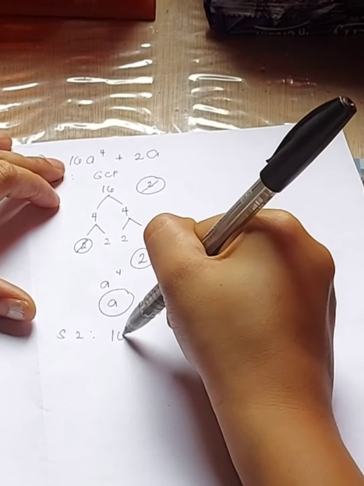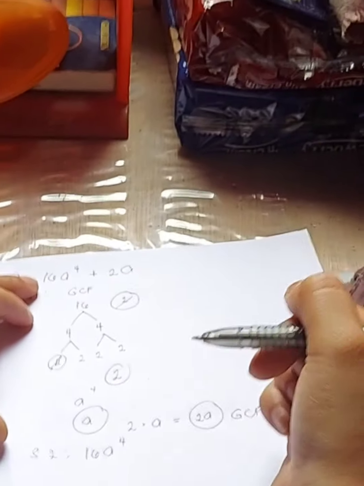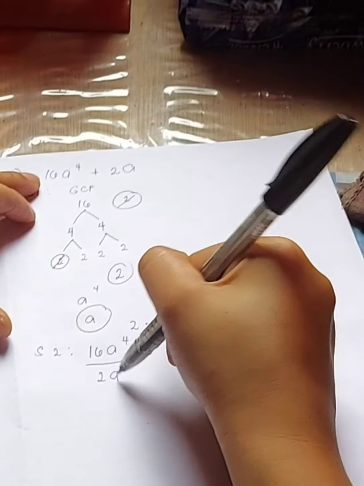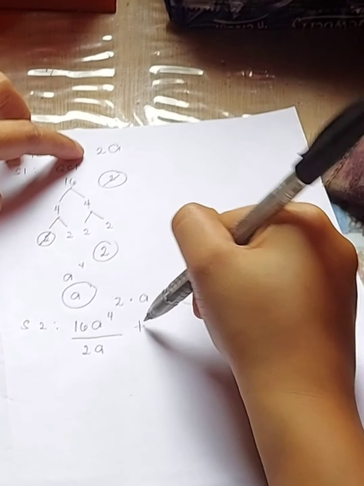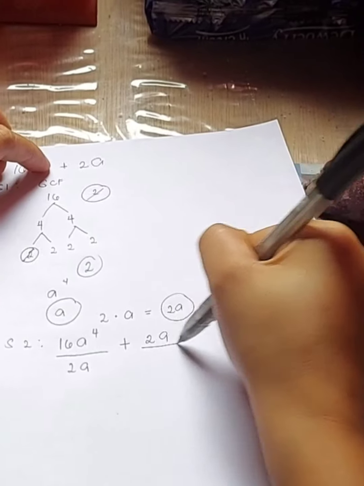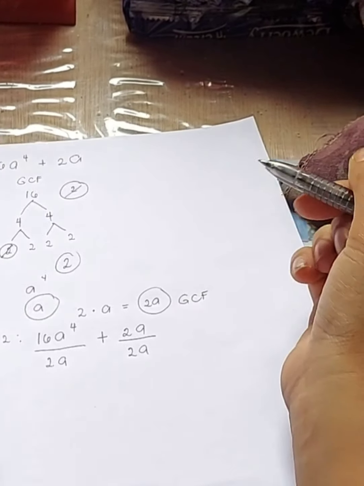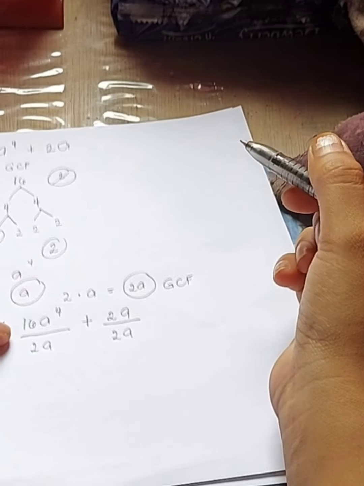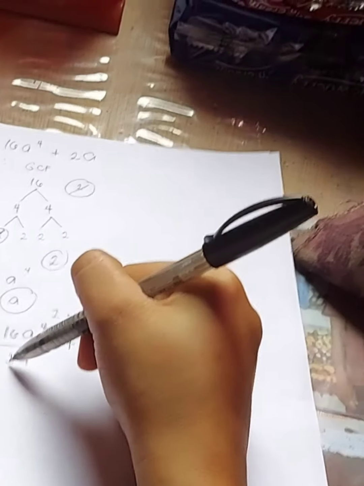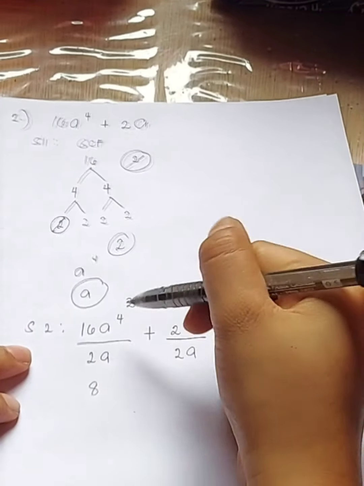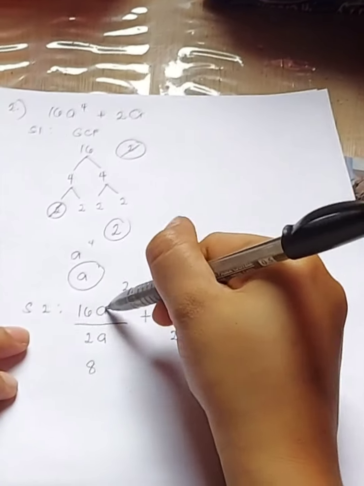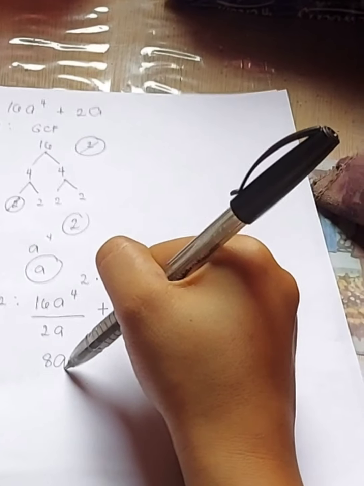So we have 16a raised to 4 divided by 2a plus the second term 2a divided by 2a. Divide the numerical coefficient. 16 divided by 2 is 8. Then they have the same base a, copy a.